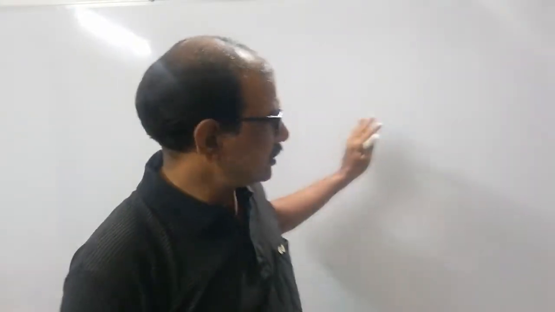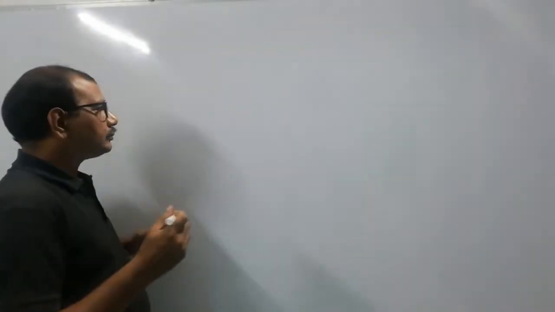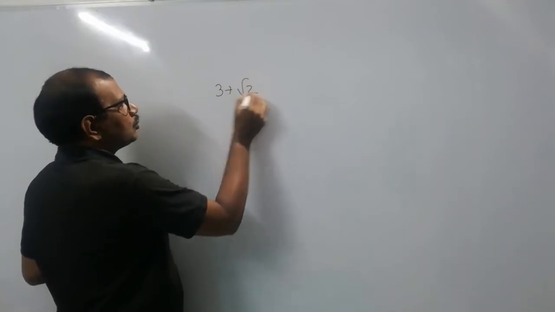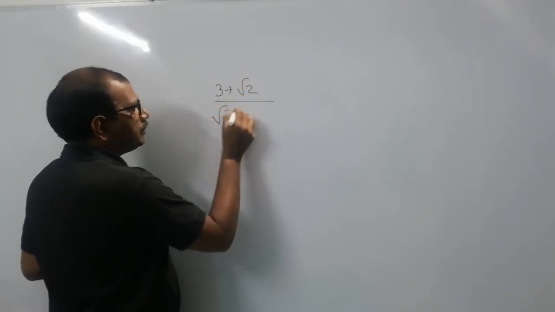Now the other type, that is if the denominator is not a monomial. If it is not a monomial it will be a binomial or trinomial, but in our syllabus we have only up to binomial. But I would like you to try one trinomial also after completing this binomial, right? Say (3 plus root 2) upon (root 3 plus 2).